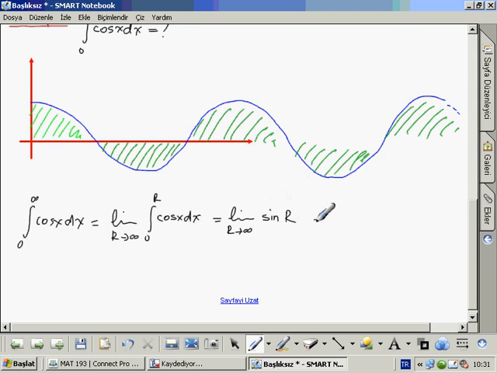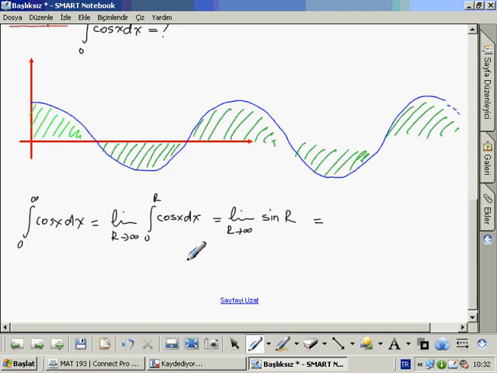What can we say about it? We can say nothing, because sine r takes values that keep changing, so you cannot predict what the sine function does when r approaches infinity.